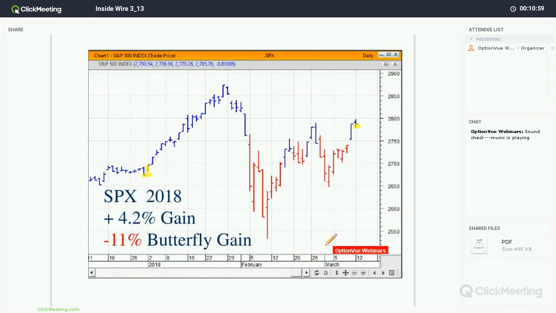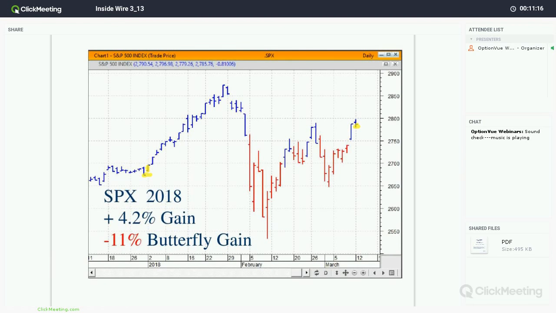With the butterfly campaigns on a $100,000 account, you would be down $11,000 or so in the course of really 3 campaigns. We're in the middle of the 3rd one.